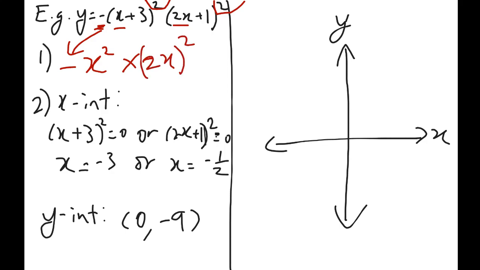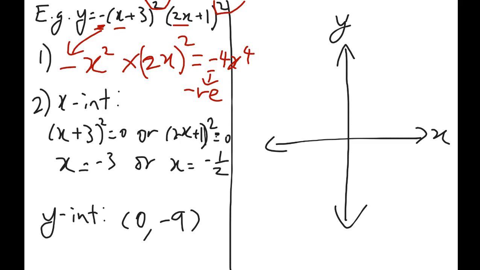Now remember, it's 2x all squared, not just 2x squared. And if you multiply that out, you should end up with negative 4x to the power of 4. Because that's negative there, we have a negative graph. And so you will presume it's upside down.